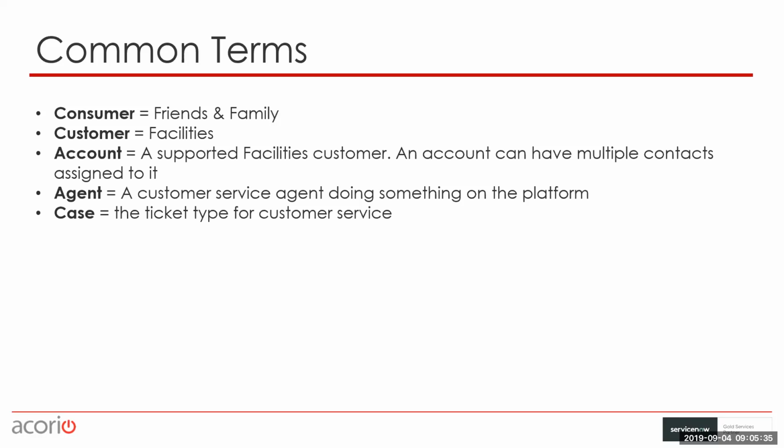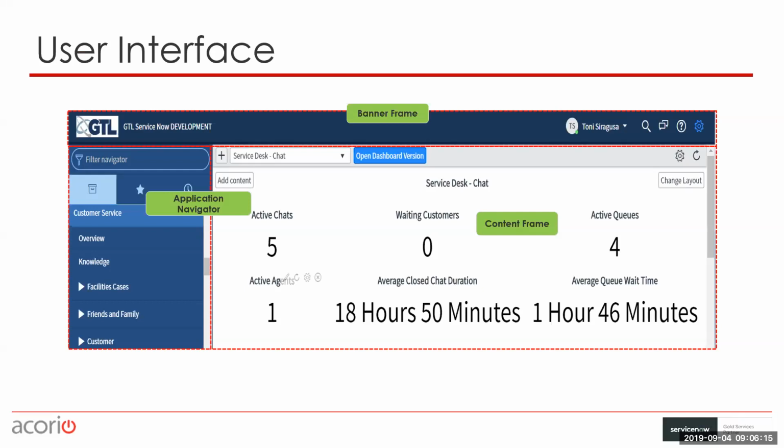An account is a supported facilities customer. An account can have multiple contacts assigned to it. Now, an agent is a customer service person doing something on the platform. So an agent is kind of a standard term for the person who's actually doing the work. And then the case is the primary ticket type. So the case is what you're creating when a consumer or a customer contacts you and they need to report something.